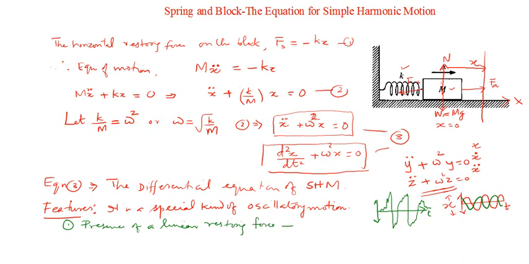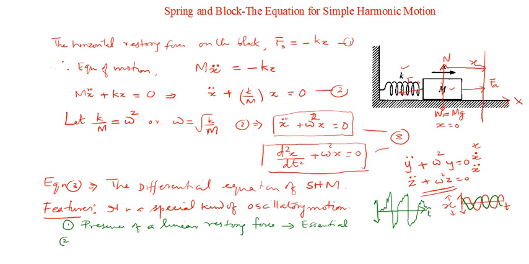It's essential. So this is an essential condition for a motion to become SHM. Or you can put it in other words, a mass under the action of a linear restoring force always undergoes SHM. So whenever you smell the presence of a linear restoring force in a system, you can predict there will be SHM. So that is the first thing.